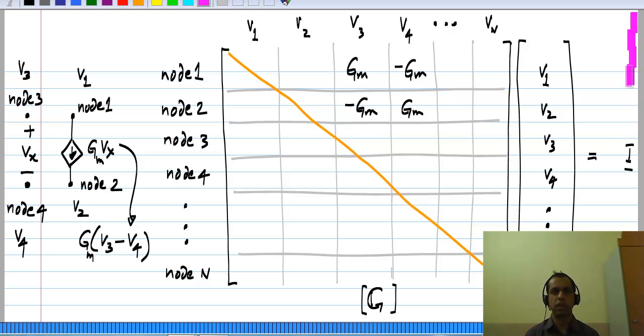So that's the difference in general between these two cases. Now I'll show a particular example. Usually what I do is I show some particular examples and then generalize. In this case I decided to do it the other way around because the resistor's case is so easy. I also wanted to show how the voltage controlled current source is similar to a resistor, but the only difference is that the entries appear asymmetrically in the matrix.